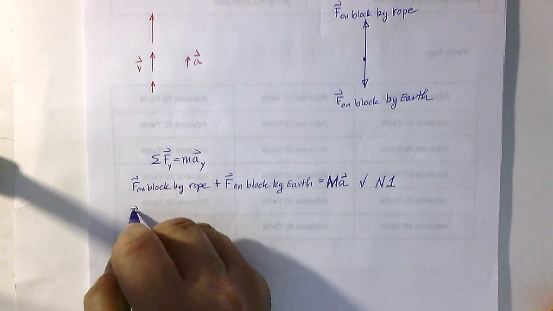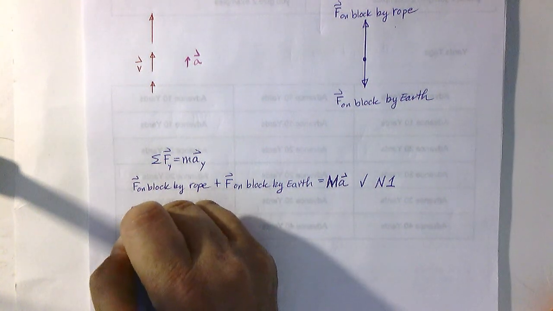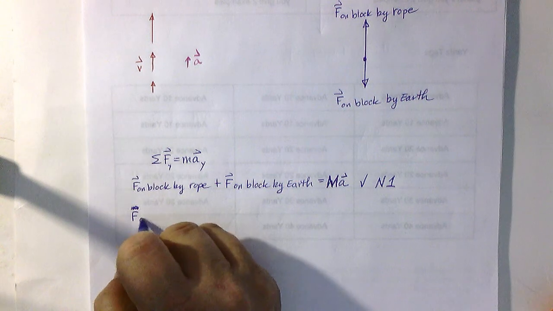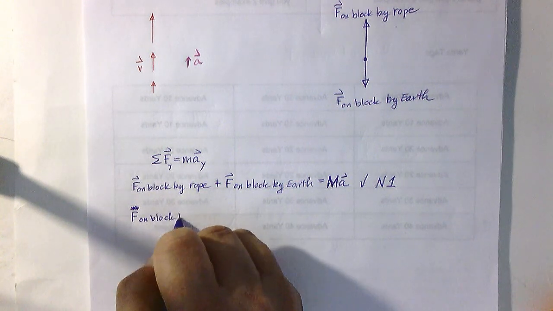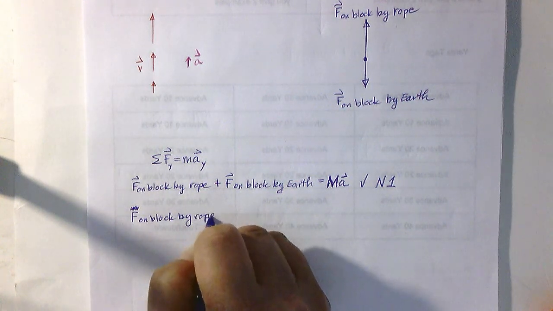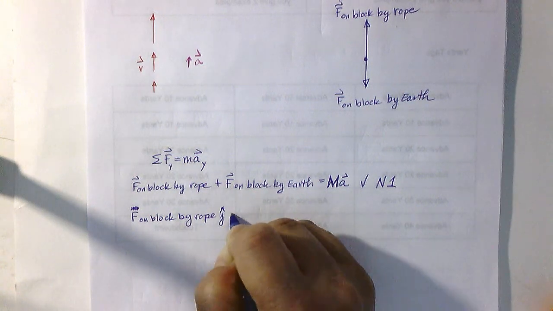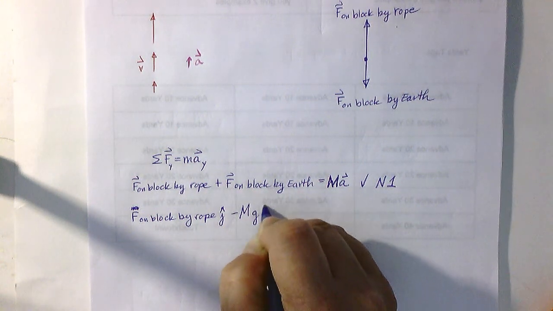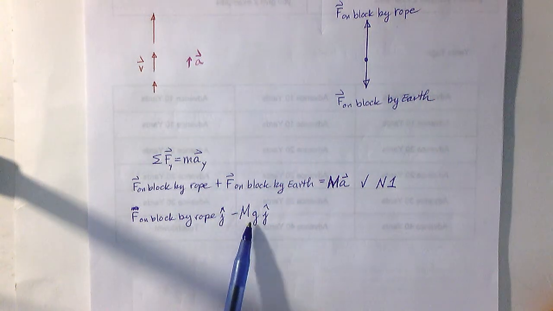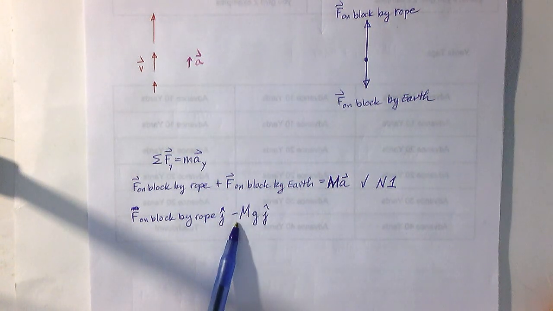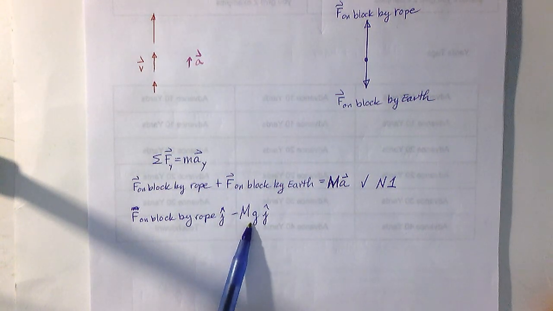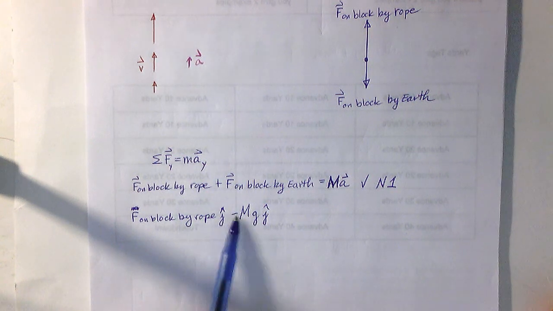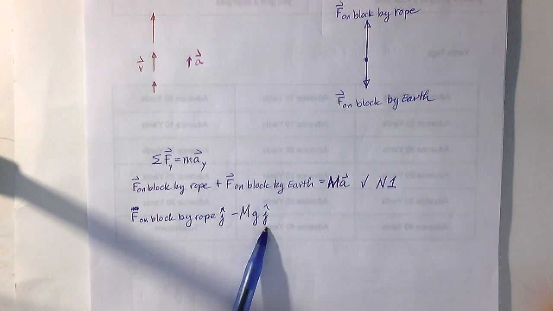I have force, oops, sorry, no vector sign there. I have F on block by rope j hat minus mg j hat. Notice that I'm replacing the force on block by earth with its formula, mg. Notice the negative j hat is the direction.